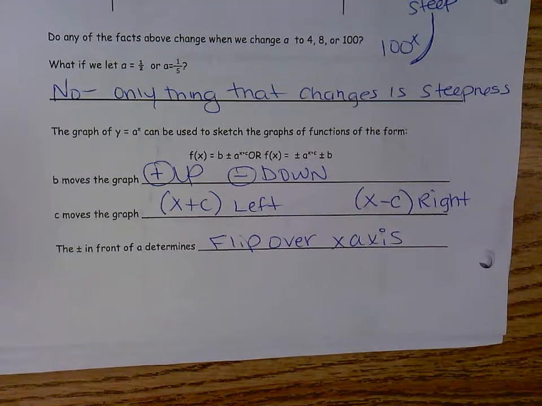You remember that from quadratics and square root graphs? And if you put a negative in front, it determines if you're going to flip upside down. So before you turn the page and try some of these, let's just look at a few and see if we can remember what they would do.